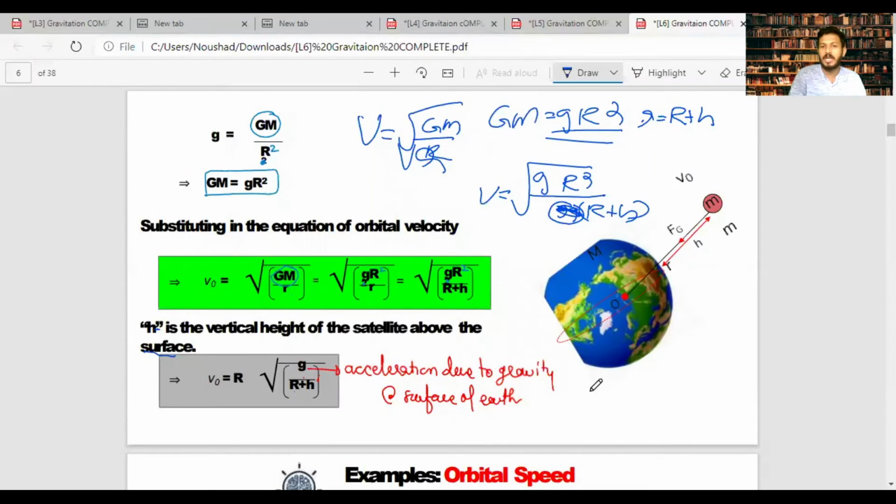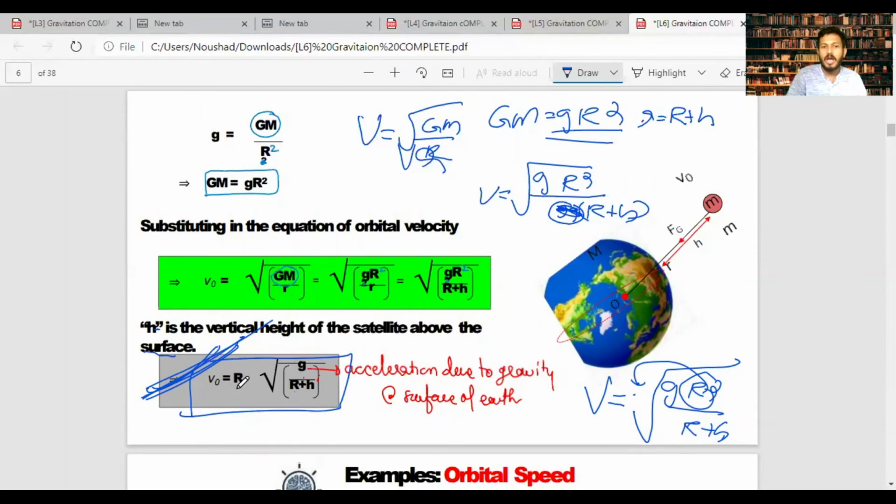I am writing here: V0 equal to root of gR square divided by R plus h. Put this R square outside, then it will become R. So V0 equal to R into root of g by R plus h.